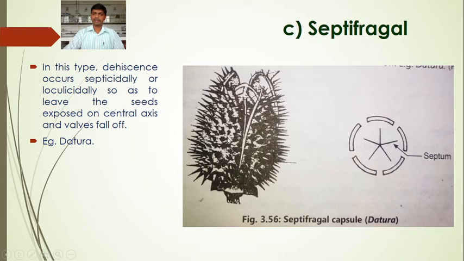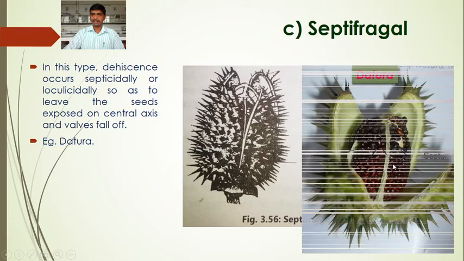For example, datura. So datura has a septifragal capsule where this is the septum or the septa and it dehisces septicidally or loculicidally so as to leave the seeds exposed on this central axis. So seeds are present on the central axis and these walls fall off, for example datura.